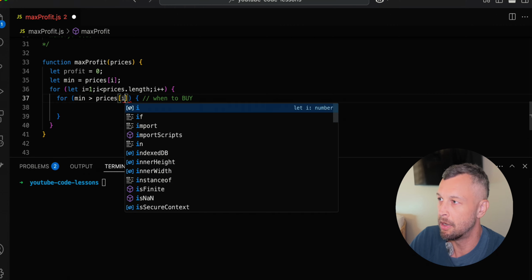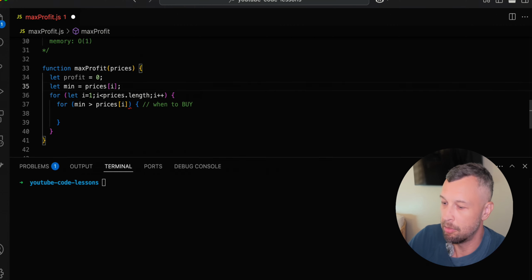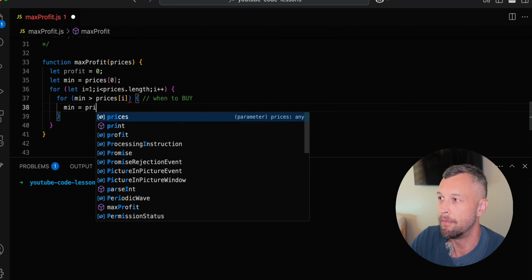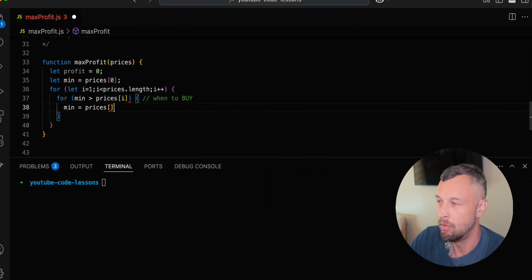Oops, we got a bug. I put i here, but really it should be our first item. Okay, so if our minimum is greater than whatever price we see, then that means we are seeing a lower price, and we want to say our minimum equals that price. Which is really just saying, hey, let's buy this. It's an optimal time to buy.